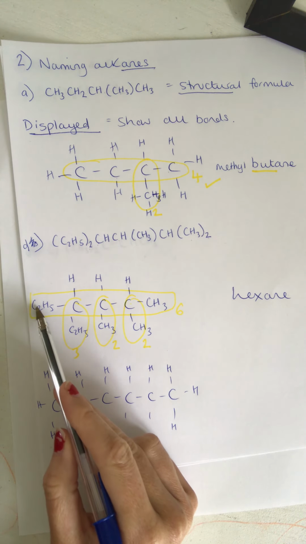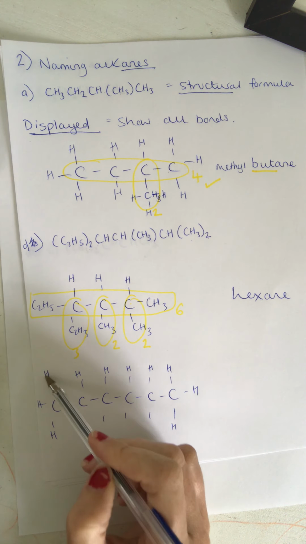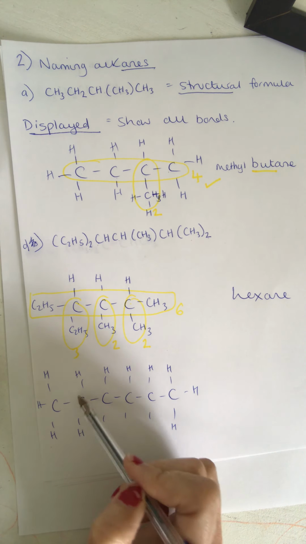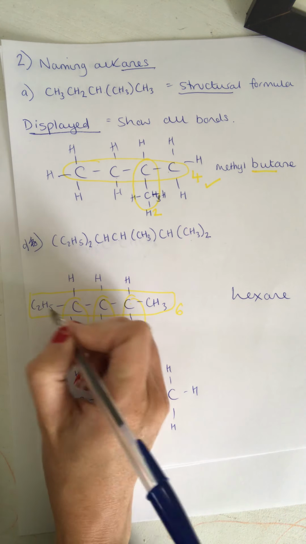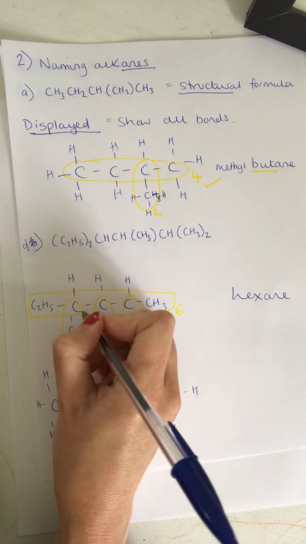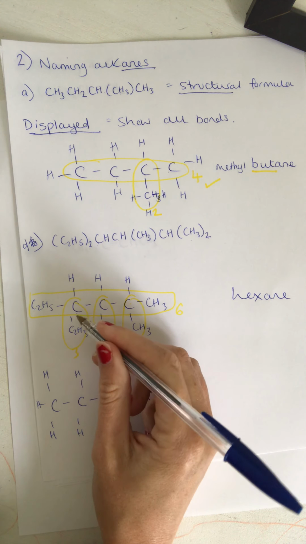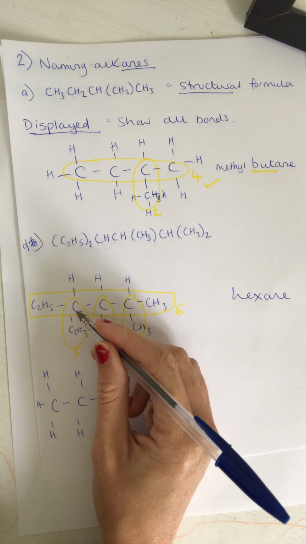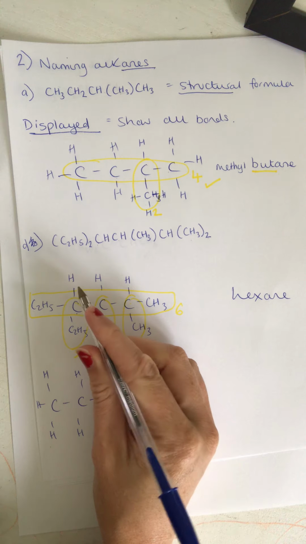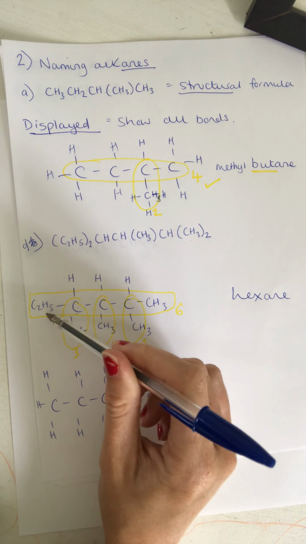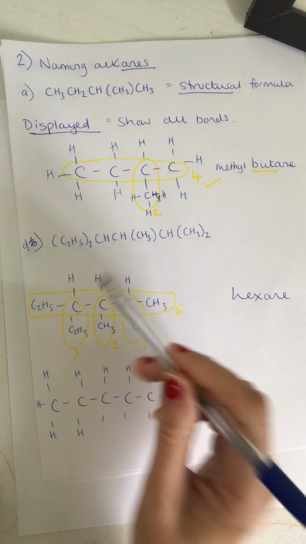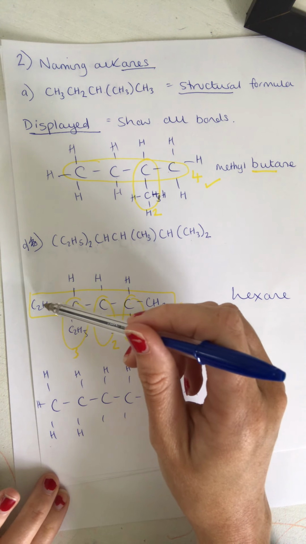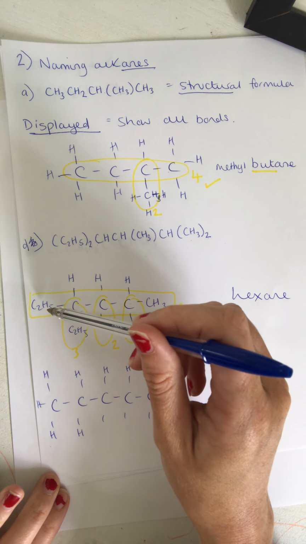So C2H5, so CH3, C2H5. So then we've got this carbon here, okay, which has a hydrogen attached to it. Oh, sorry, hang on. No, wait. C2H5. Sorry, my bad. C2H5.